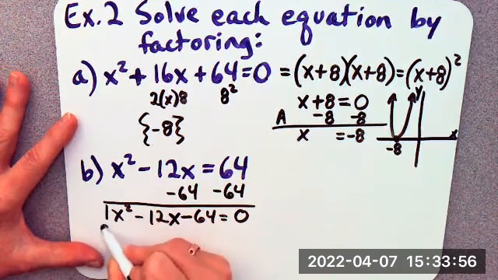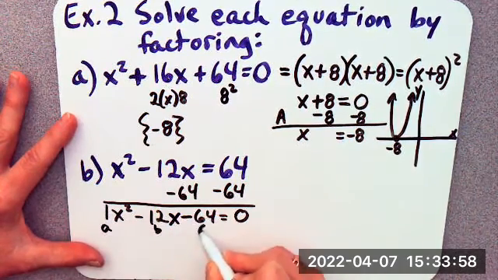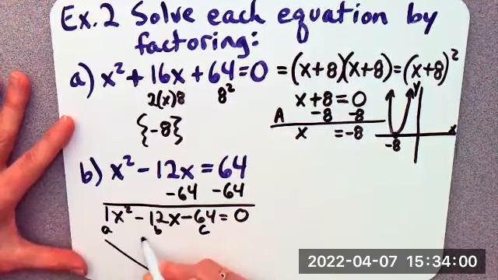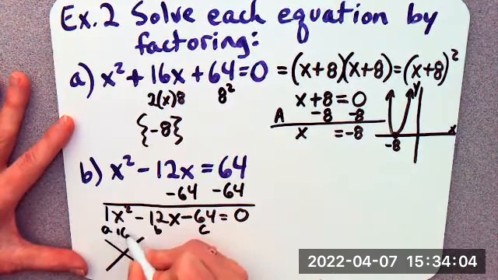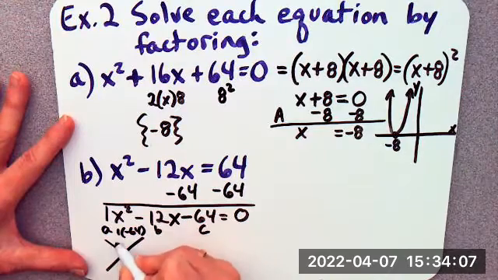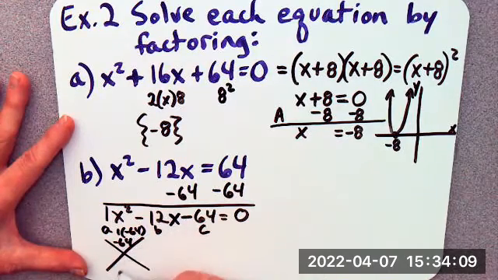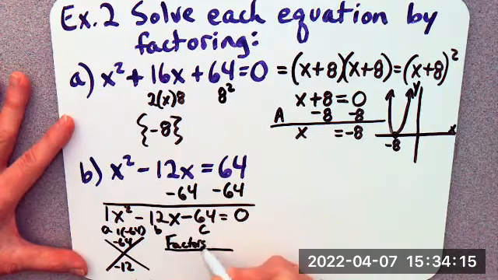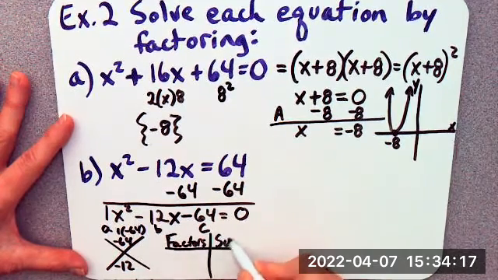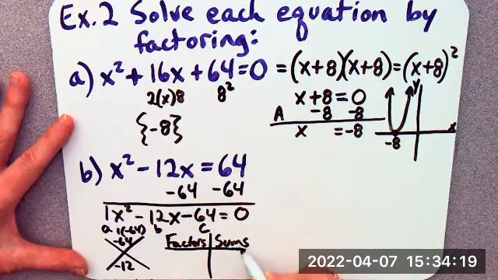So we're going to have to do the A, B, C factoring. So 1 times -64 is just -64. And then we have -12 here. So we want to look at factors and sums.